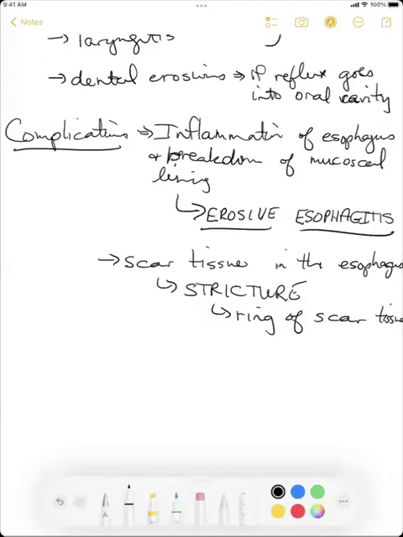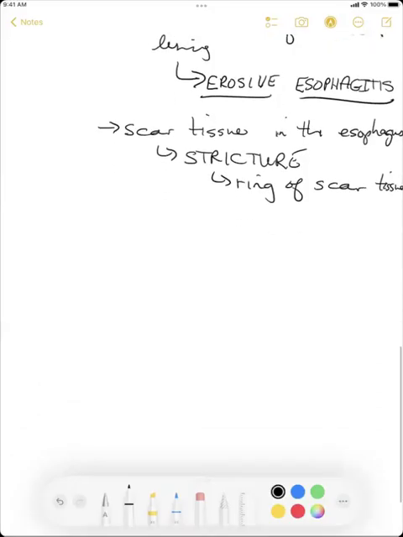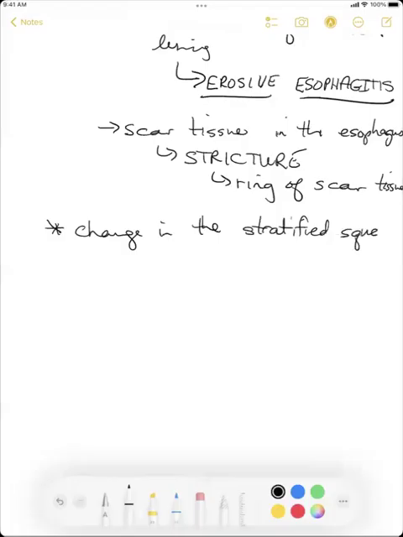One of the biggest problems with gastroesophageal reflux disease is that over time, the chronic inflammation within the esophagus can lead to changes of the epithelial lining. And there will be a change in the stratified squamous epithelium, and it will change to simple columnar.